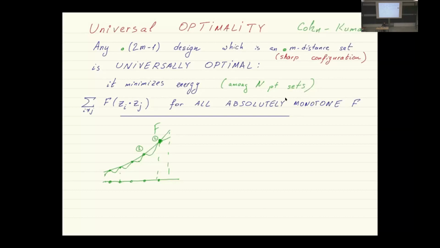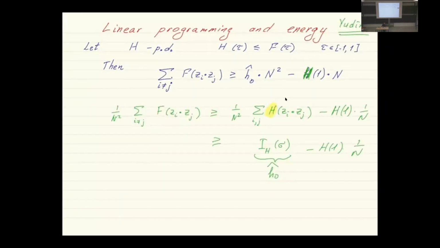And then you need the fact that this is a design. Well, if we go back here, if H is a polynomial, so far in this theorem itself, we haven't assumed that H is a polynomial. But if H is a polynomial, when is this exact? Well, this is exact precisely when Z is a design, as we've discussed a few minutes ago.